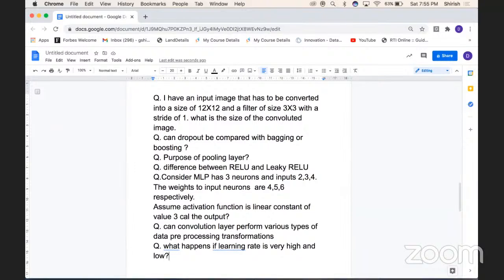What would happen if the learning rate is very, very high and very, very low? When your learning rate is too low, training of the model would progress very, very slowly. Minimal updates to the weights are going to happen, so it will take many updates before it reaches the minimum point.